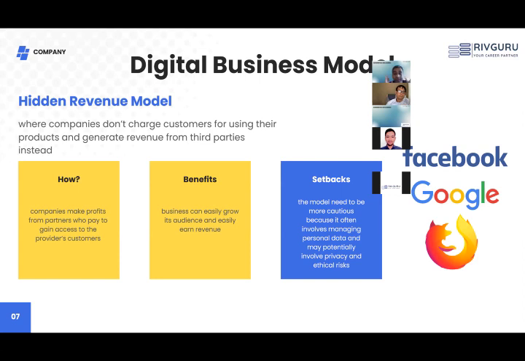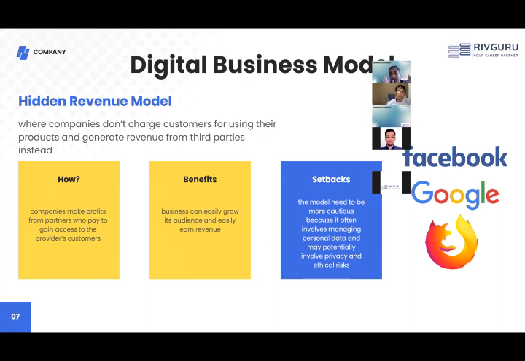But actually those are not free, because those apps are collecting all your data, your age, your lifestyle, your issues, and then they are selling this data to third parties. Now this is a hidden revenue model where they take something from you, they give you something, but at the end of the day they make money by selling this to the third party.